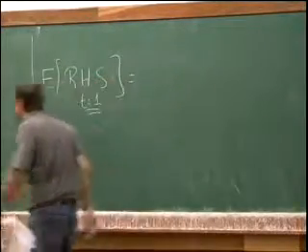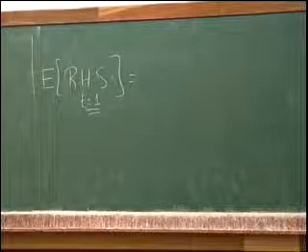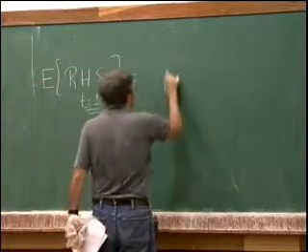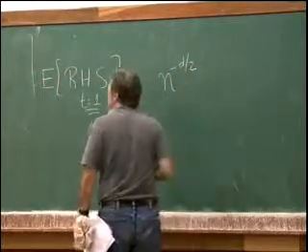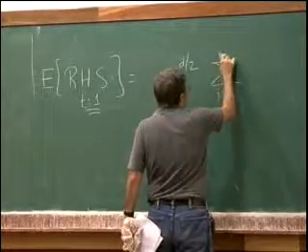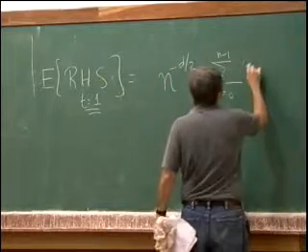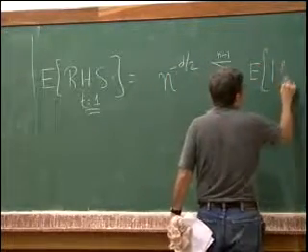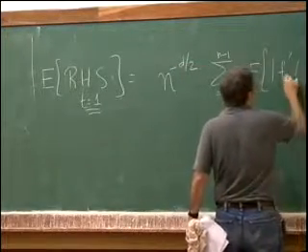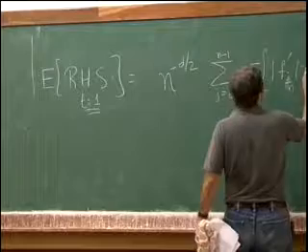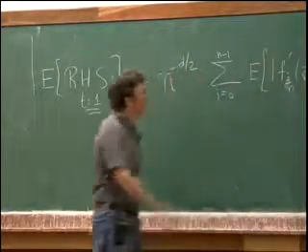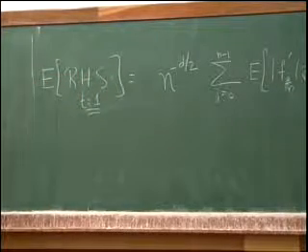Let's just take the expected value of this. That's a D. It doesn't really look much like a D.